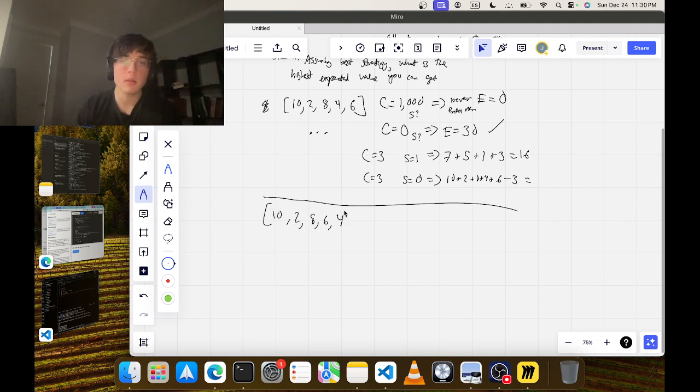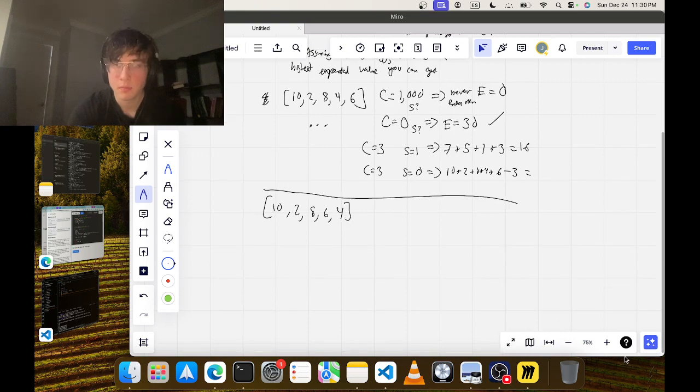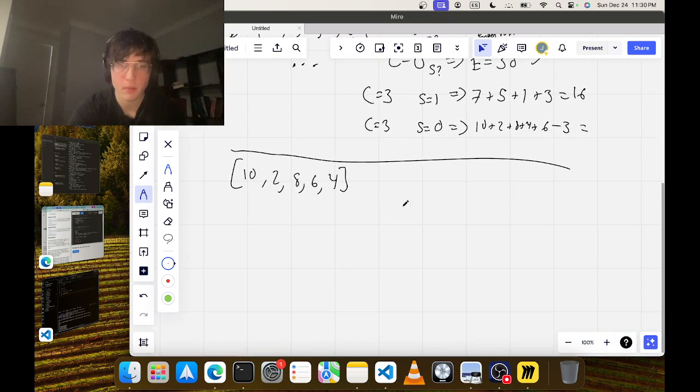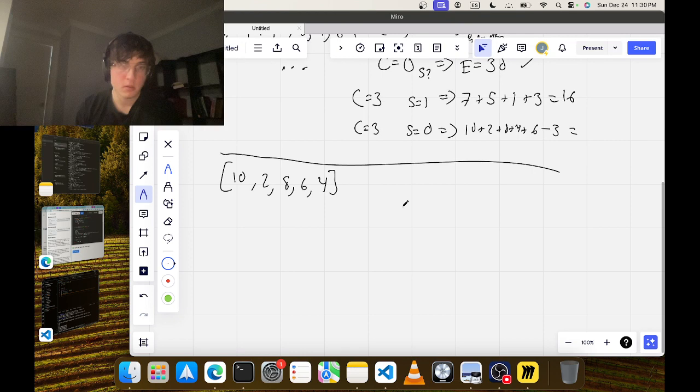So the obvious solution is to just try out every single possibility, right? We start here at i equals 0, and then we're going to try taking the package right now, in which case our profit is 10 minus C, added to the expected value of starting from i equals 1.